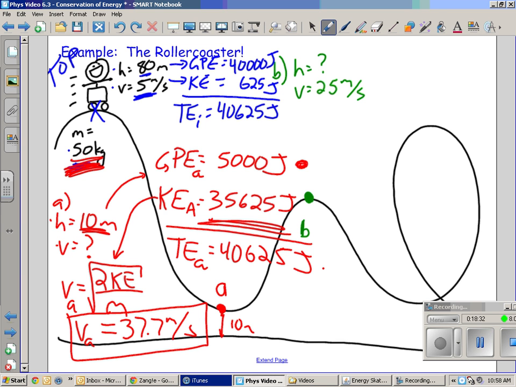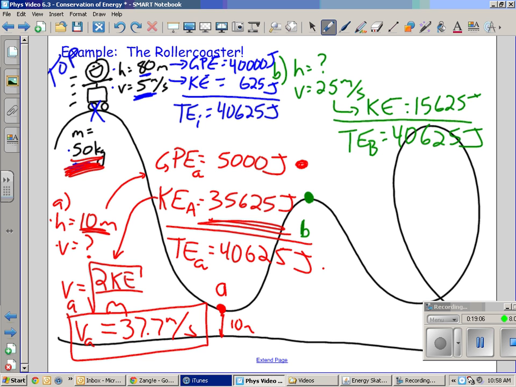Okay. All right. So now at point B, same idea. At point B, here's what we know. We know the total energy at point B still has to be 40,625 joules. Because we know the velocity, I can find my kinetic energy, which is going to be 15,625 joules.